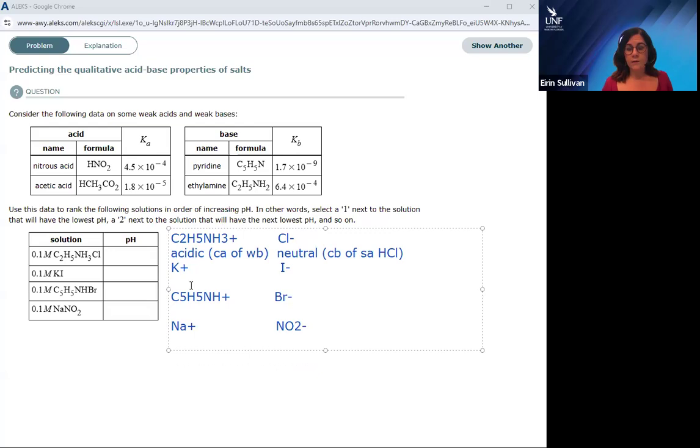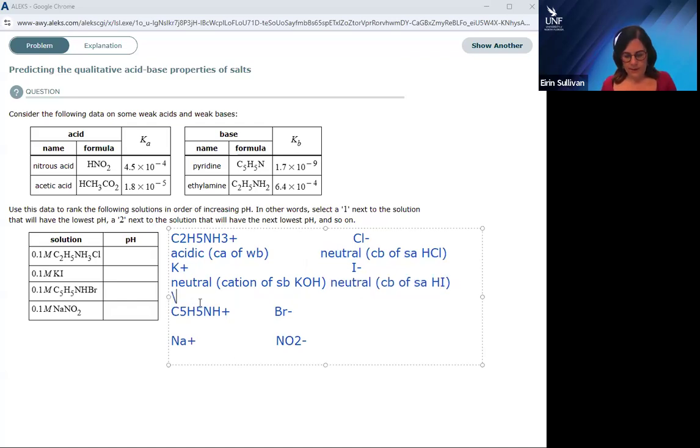Potassium would be neutral because that is the countercation of a strong base, which would be KOH. So that's a strong base. What about the iodide? Iodide ion should also be neutral because that is the conjugate base of a strong acid. That would be hydroiodic acid.